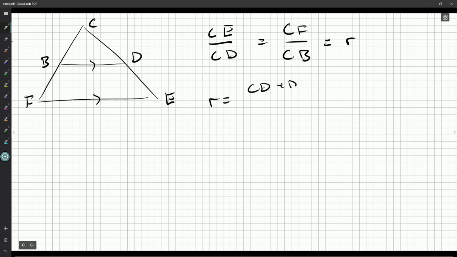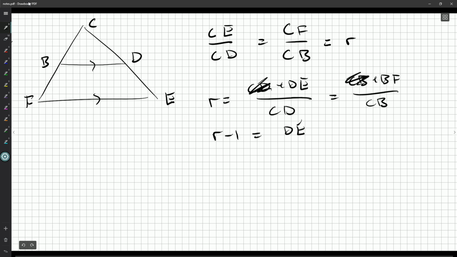So CD plus DE over CD is the same as CF, which is CB plus BF, over CB. So R minus 1 is the same as, I'm just getting rid of the CD and the CB here, DE over CD, BF over CB. So these have the same ratio.